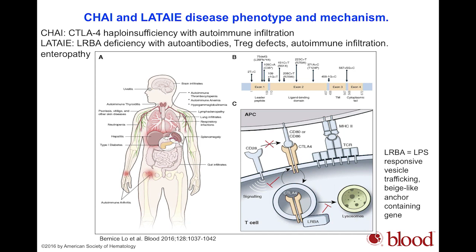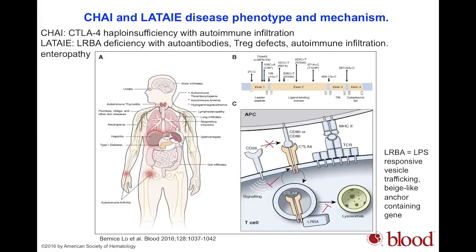These patients develop these manifestations later in childhood with variable penetrance. There can be enteropathy in the gut. There can be manifestations in the lung, as well as manifestations in the brain. The other disease, this latte disease, is an acronym for LRBA deficiency with autoantibodies, Treg defects, autoimmune infiltration, and enteropathy.